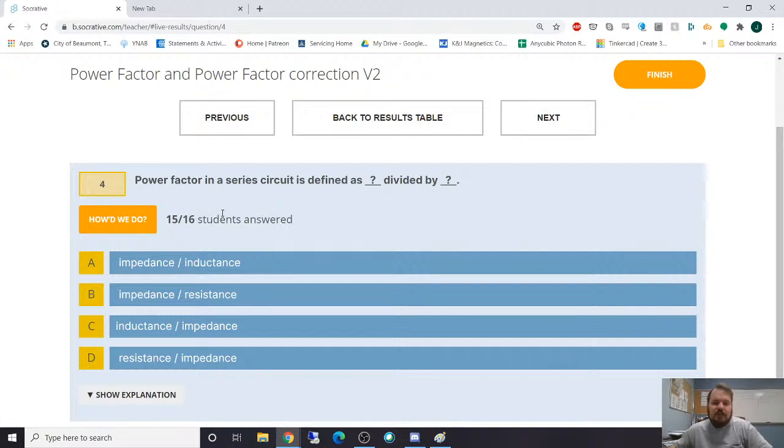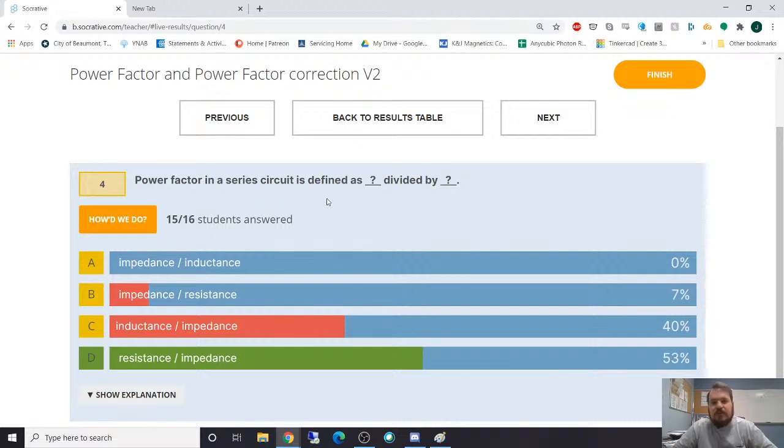All right, power factor in a series circuit is defined as resistance divided by impedance. You can also find it with true power divided by apparent power, but those triangles are the same, they have the same ratios as each other.